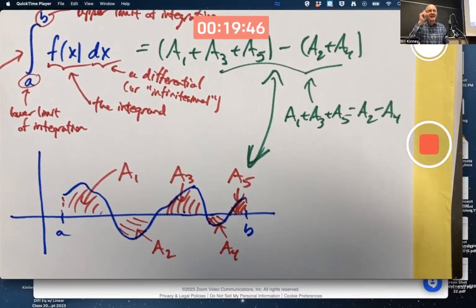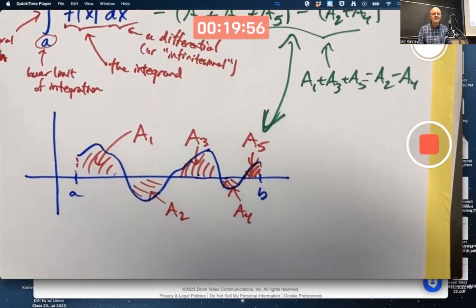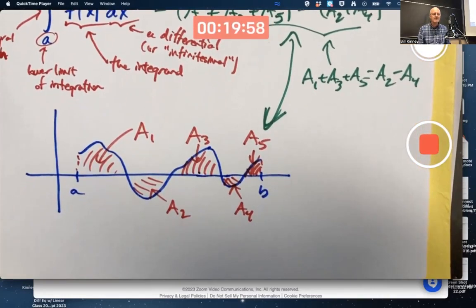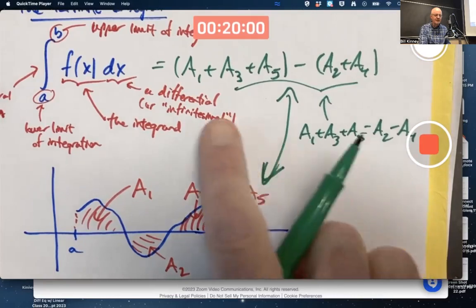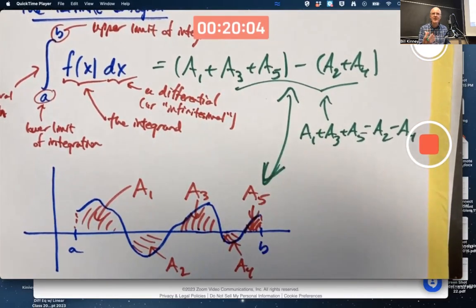You cannot define an area under the graph of some functions. Maybe I'll even show you some functions like that, just not today. So it's really more than just saying it equals this. You really also have to define what area even means.